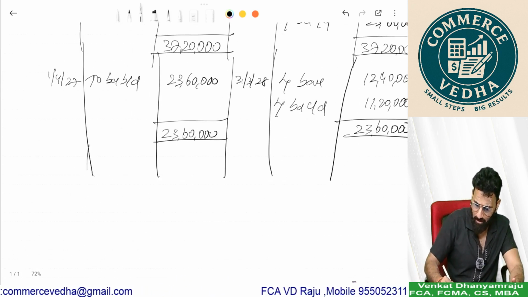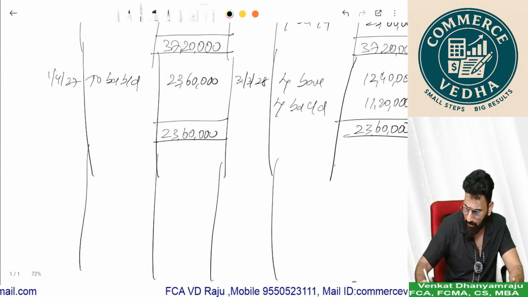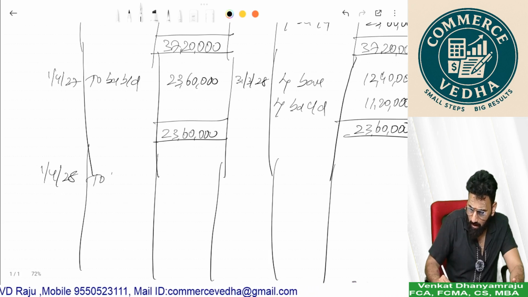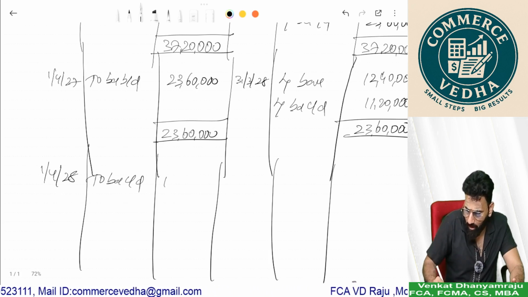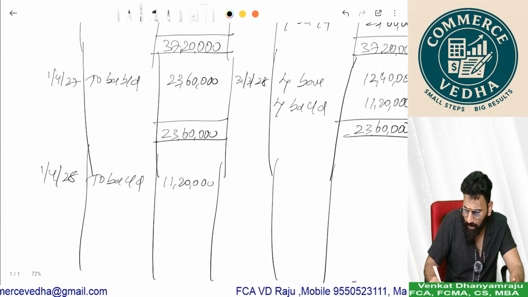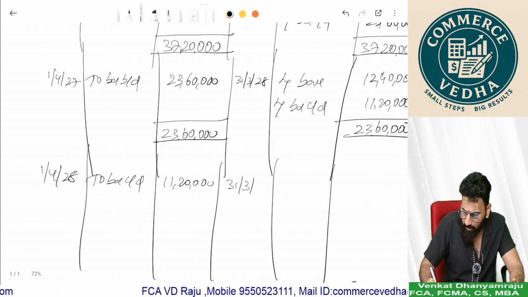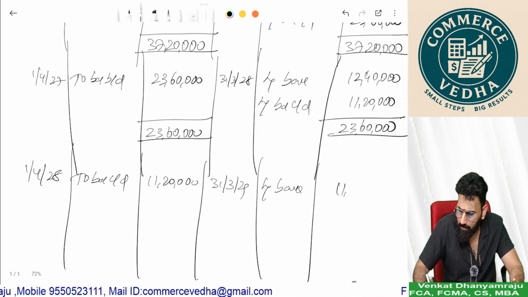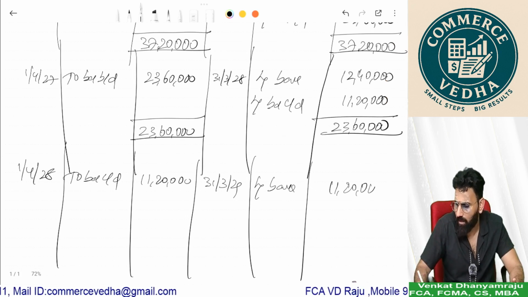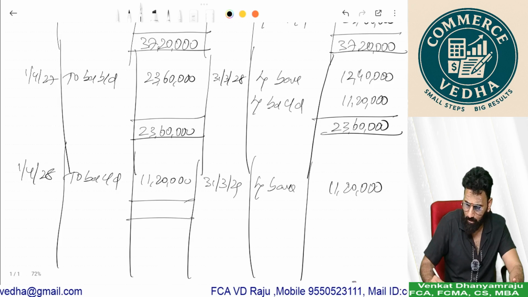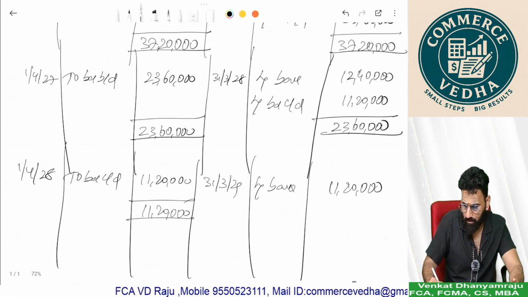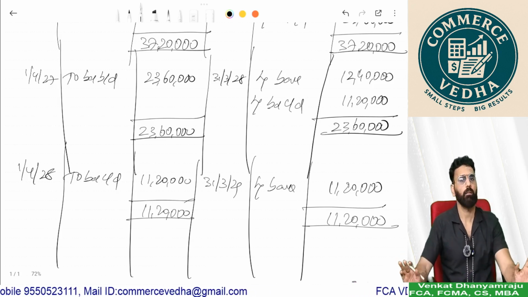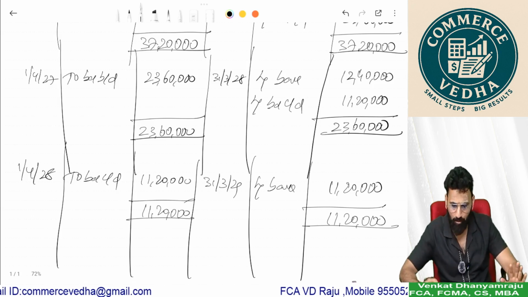And the last year, final year, to balance carried down 1120 and on 31/3/29 by bank 1120. So no dues, and the entire amount is paid.